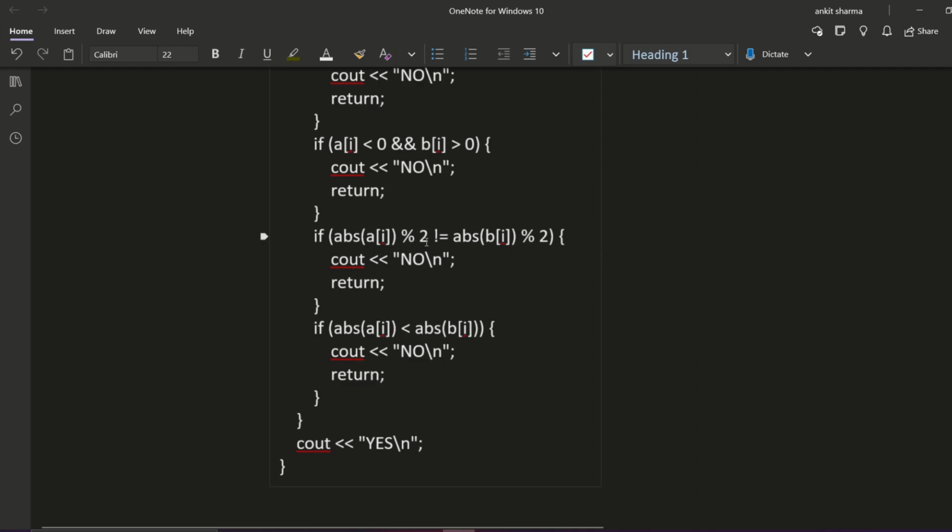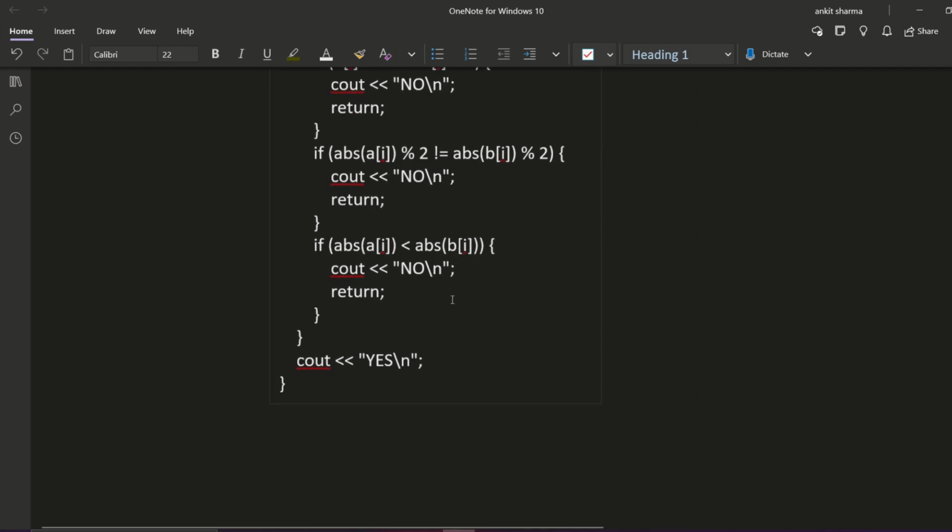I told you that we can add only elements at a multiple of 2. If their moduli 2 are not equal, they will create a mismatch in the increment of the counters. So again we print no, and simply return once we find one such case.